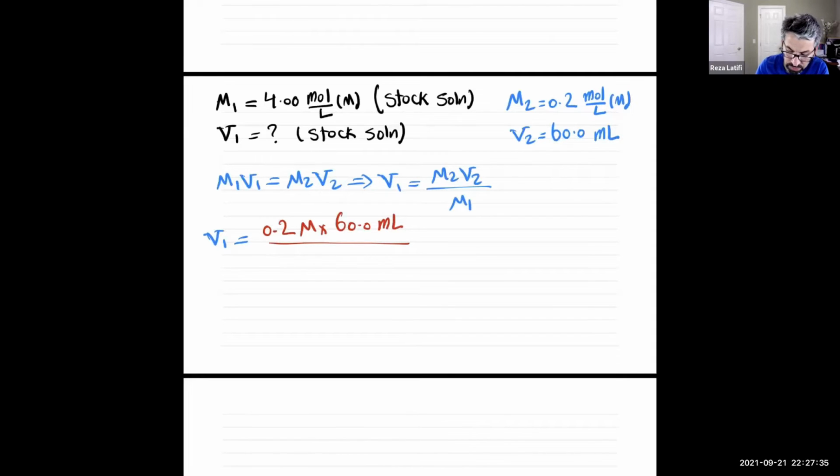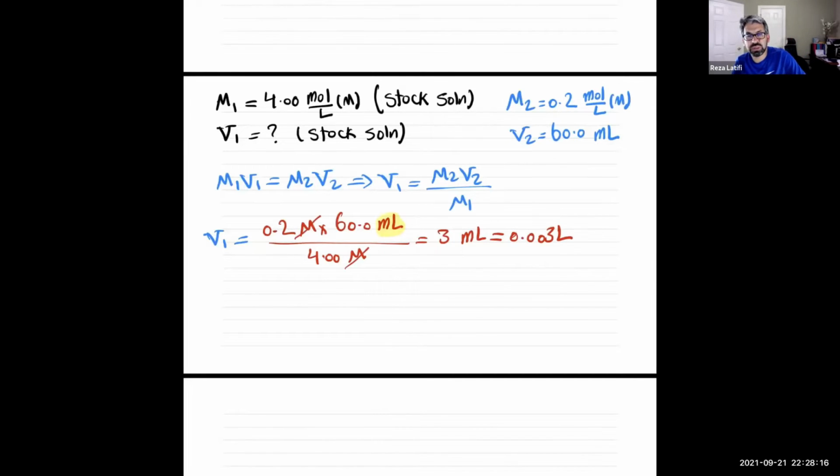I divided by M1, which is 4 molar. Now, highlight the milliliter. The 0.2 molar has the unit molar here. The molar will cancel by molar, and you will end with milliliter as the unit of the final answer. So I got this one equal to 3 milliliters, which is equal to 0.003 liter.